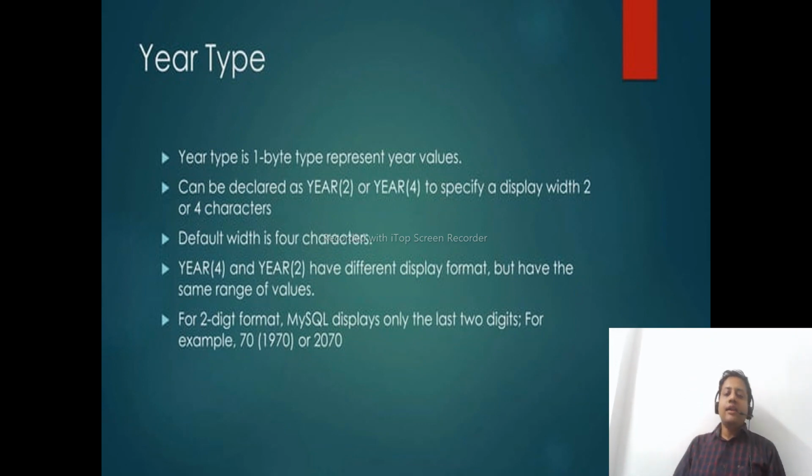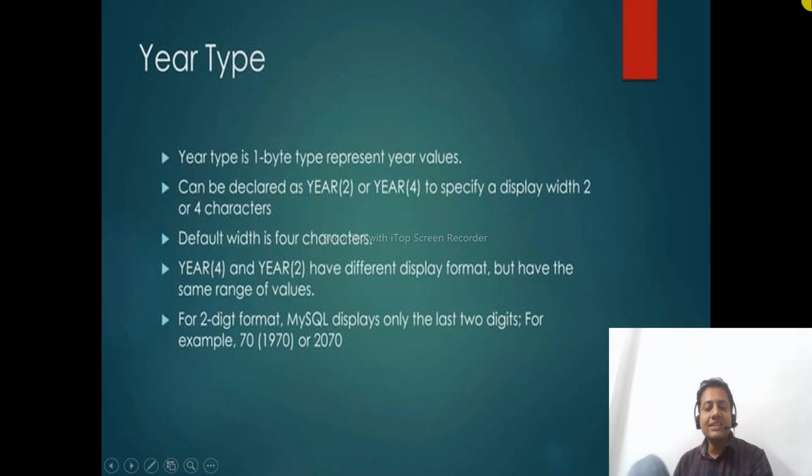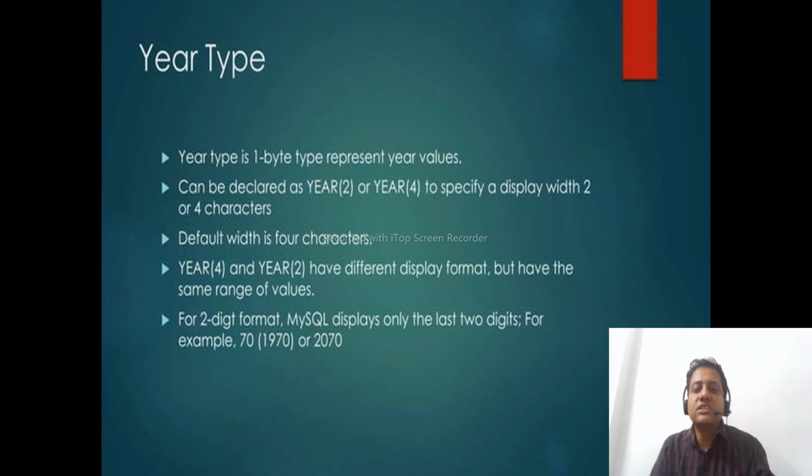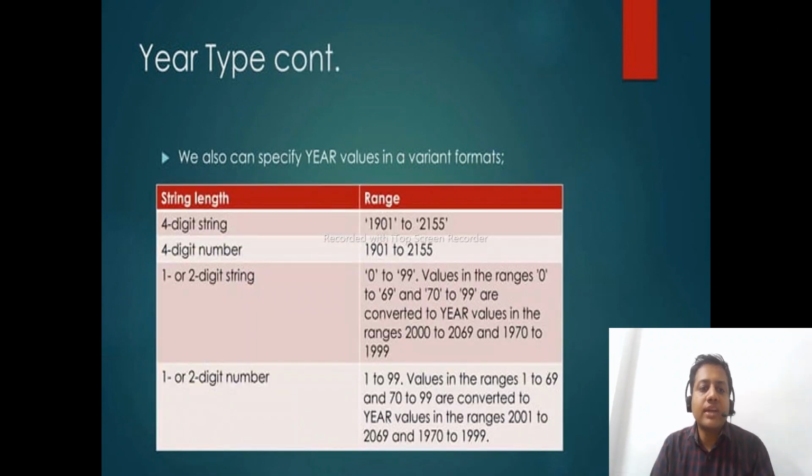And if we mention from 0 to 69, then it will understand from 2000 to 2069. This is how the year data type takes its values. Now coming to next, what I have told you already, this is how the date range works and the year range works.